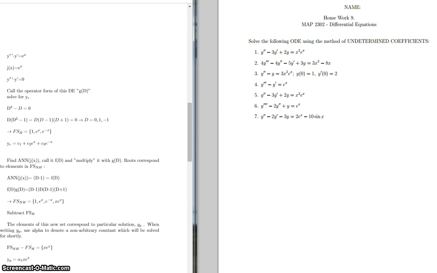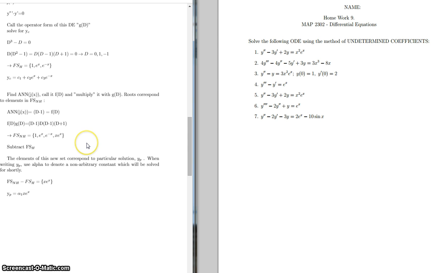So our corresponding fundamental set of solutions is 1, e to the x, and e to the negative x. That tells us that our yc, the constant solution to this, is c1 plus c2 e to the x plus c3 e to the negative x.